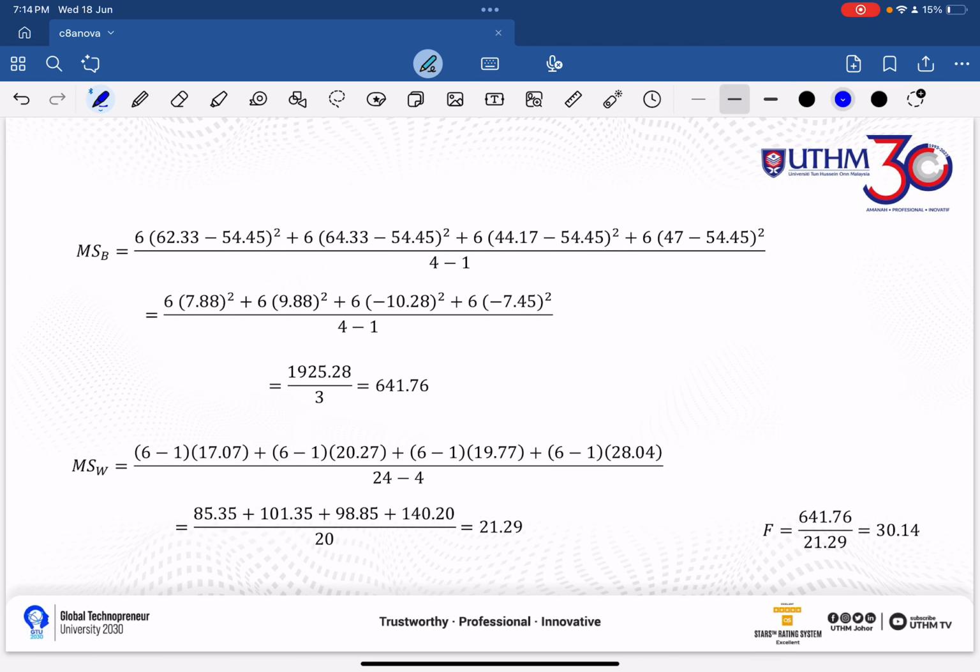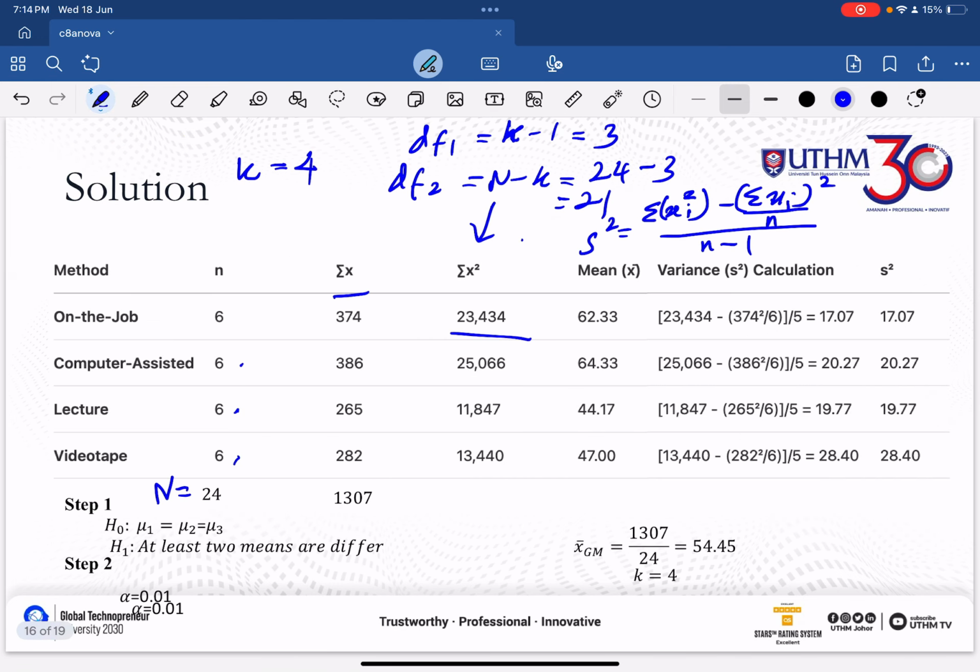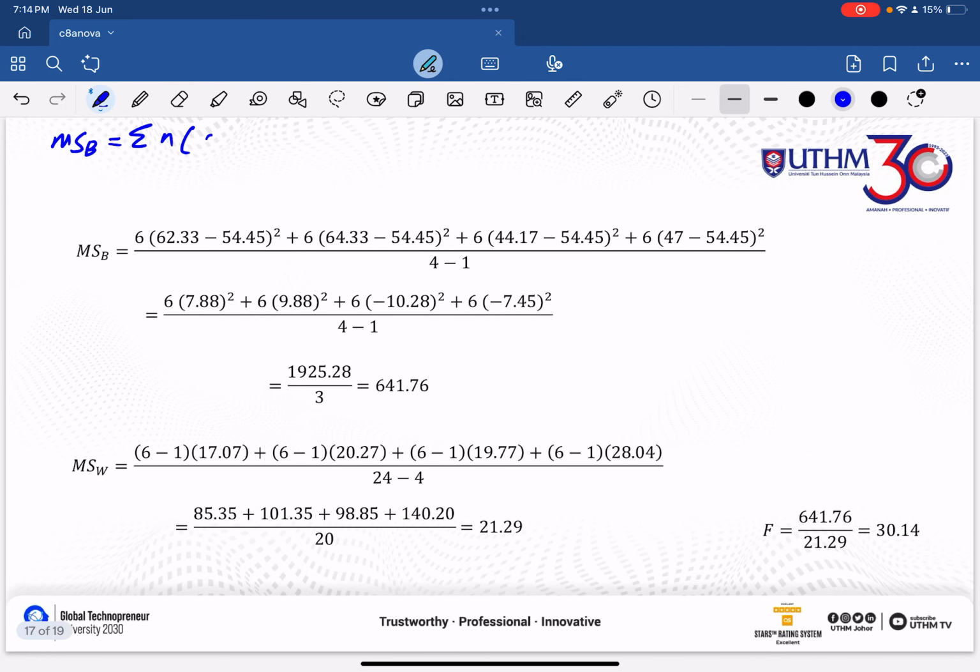Again, okay, so this will be given the formula in exam. So you no need to remember the MSB formula and so on. So this is summation of n, and then we have what? Means, minus the grand mean. We square.